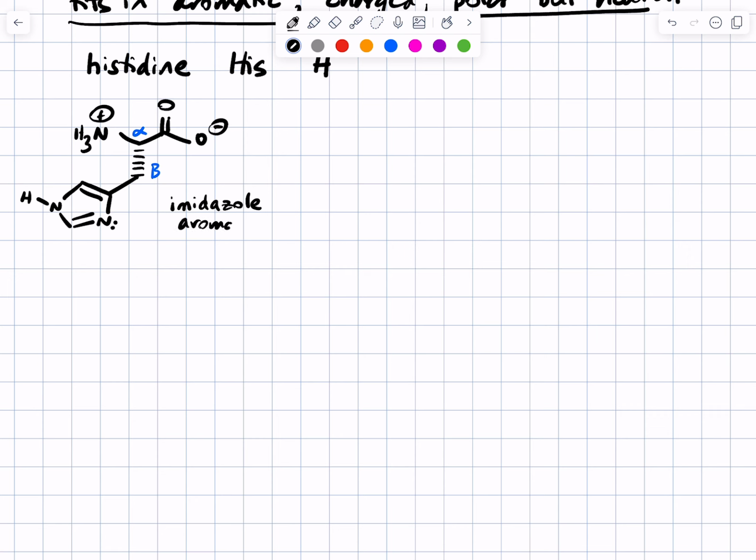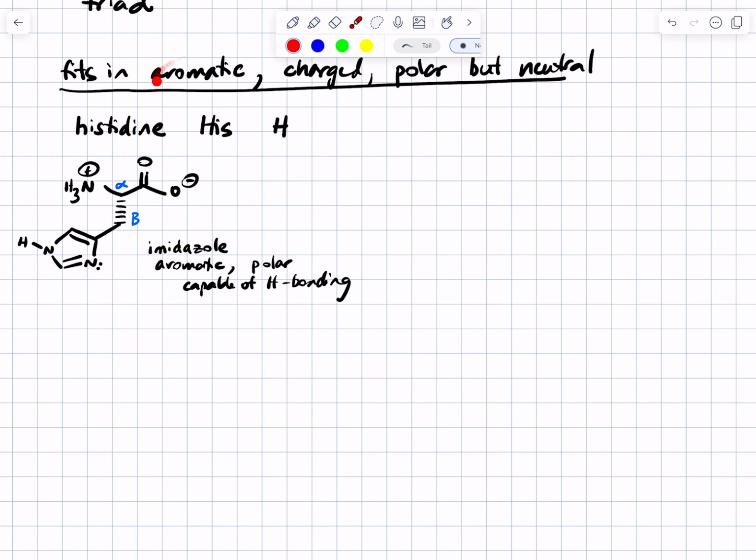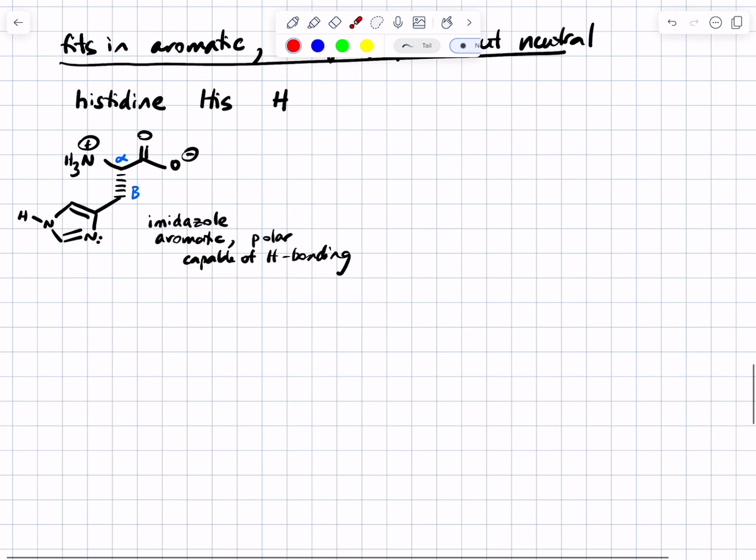It's aromatic, and it's also polar because it's capable of hydrogen bonding. And in the current form, it's neutral. So you can see how it fits into the aromatic and polar but neutral category.